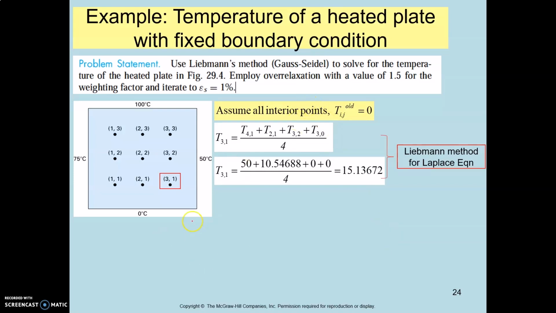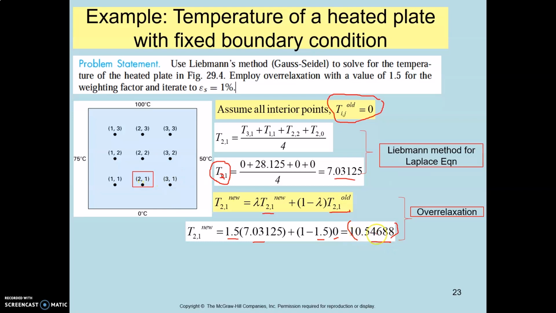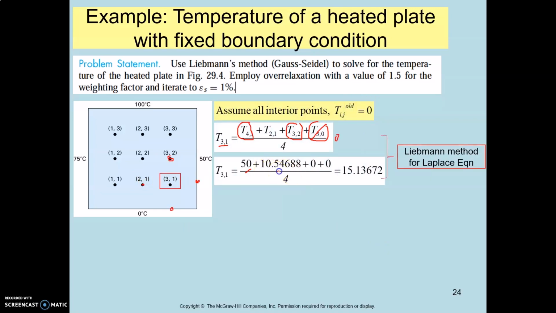You continue the same procedure for T31. You need the information here. At the bottom is 0. The temperature here is 50 for T41, so we substitute 50, and T21 was found earlier, 10.54, so we substitute it here.